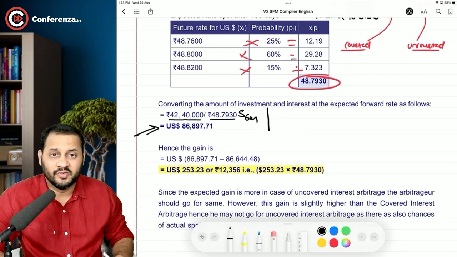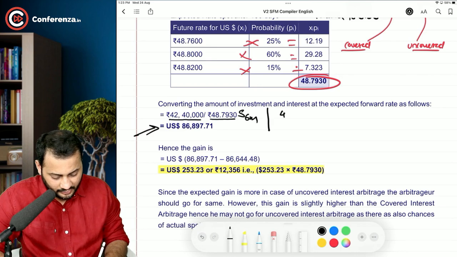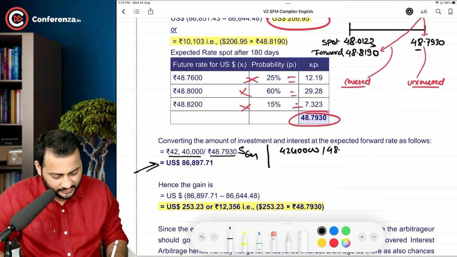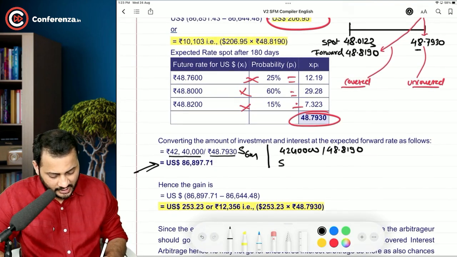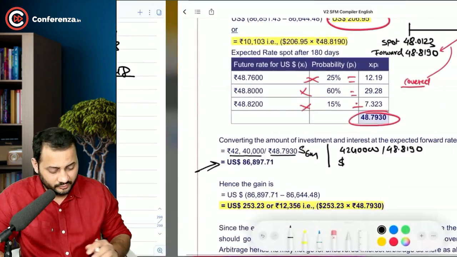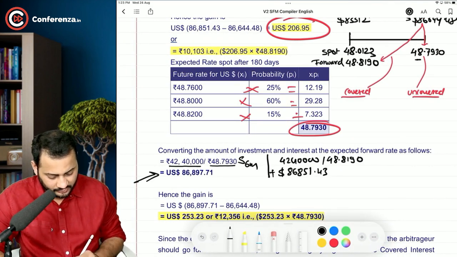This is the uncovered portion if you go without coverage. But if you go with coverage, 42,40,000 divided by the forward rate, 48.8190, which we calculated, you will get $86,851.43. Both of them are your inflow.